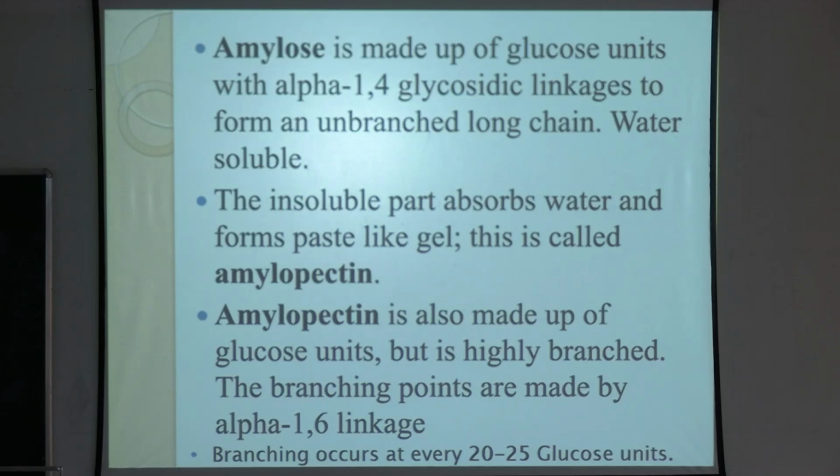Amylopectin makes the insoluble part. It forms a gel-like structure when mixed with water, and the branches are at every 20 to 25 glucose units. So in a long chain, after 20 to 25 glucose units, one branch will be there.